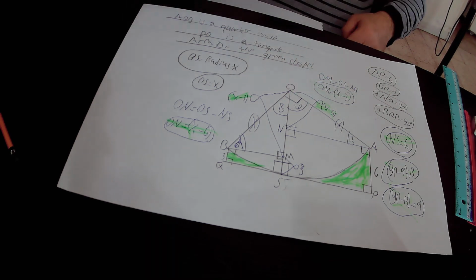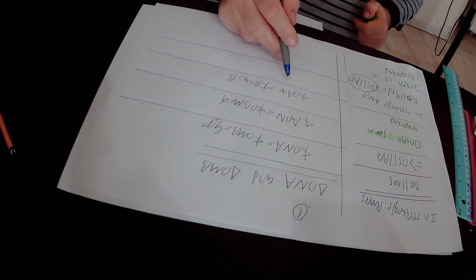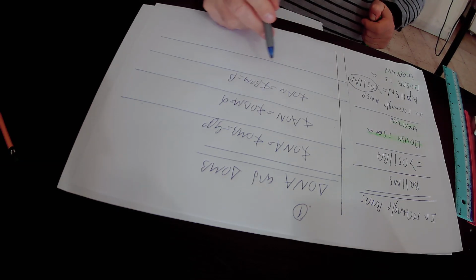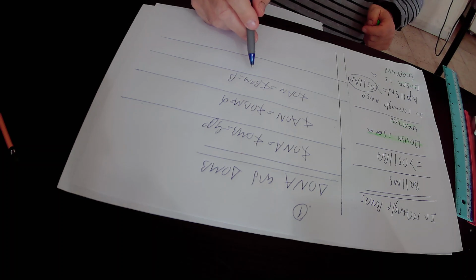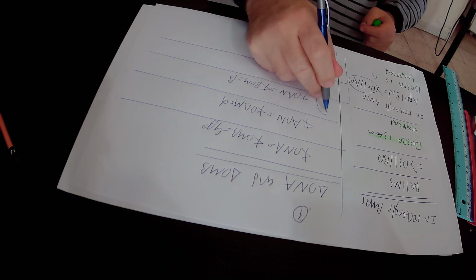So I repeat again, angle OAN in the right triangle ONA equals angle BOM in the right triangle OMB. They are both equal to beta, therefore they are equal to each other.